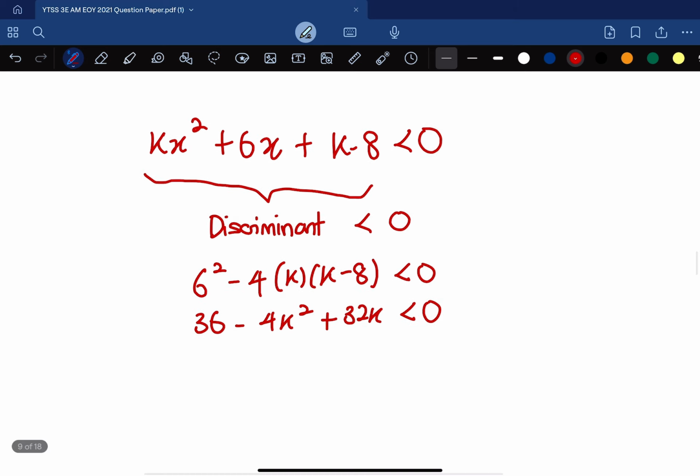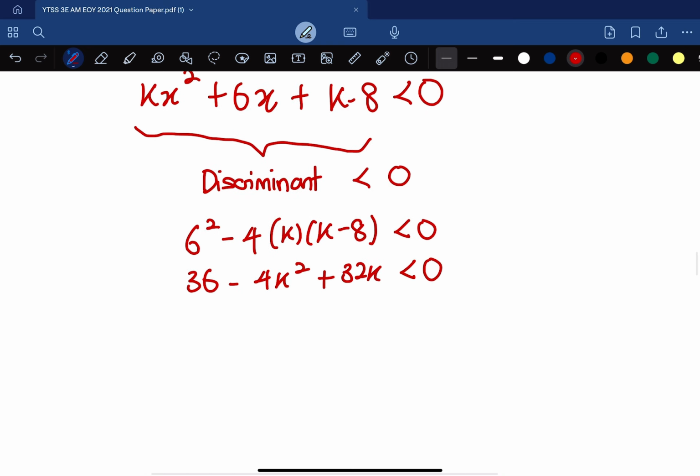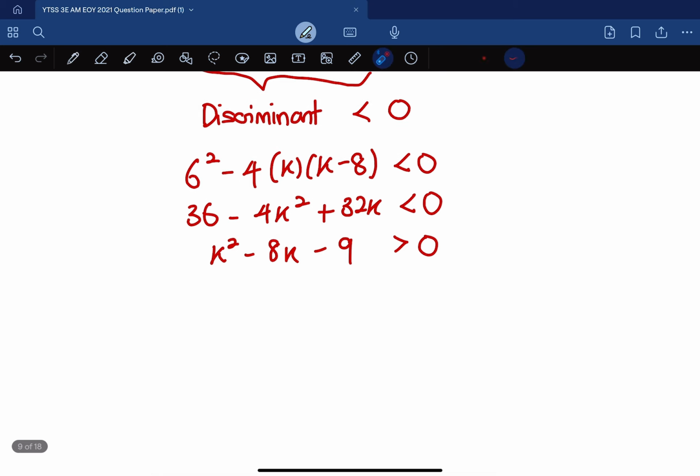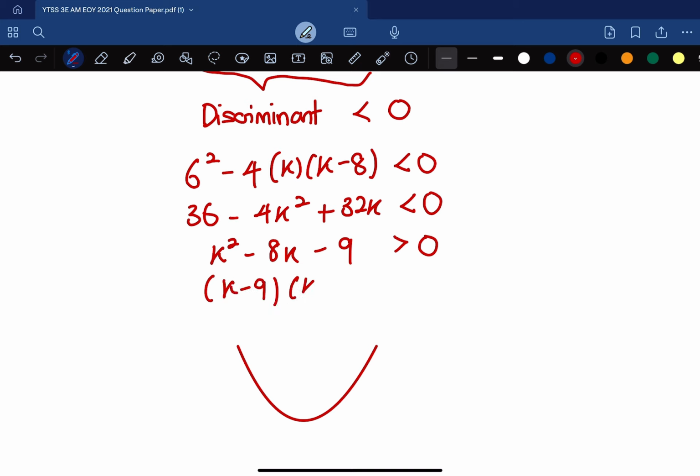So if I divide the whole thing by negative 4, I'll get k squared minus 8k minus 9, and the inequality sign will flip to become this. Okay, and therefore, if I solve this, I draw the simple curve. This is a smiley face graph. But we should factorize first. If I factorize this, I'll get (k minus 9) times (k plus 1) more than 0.